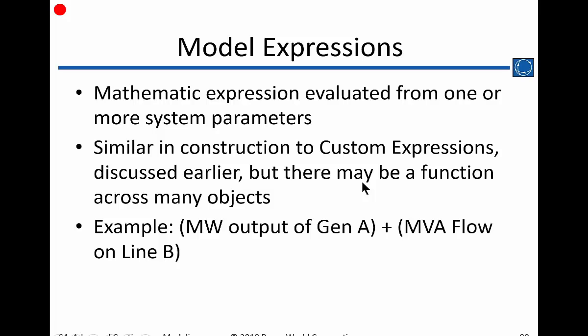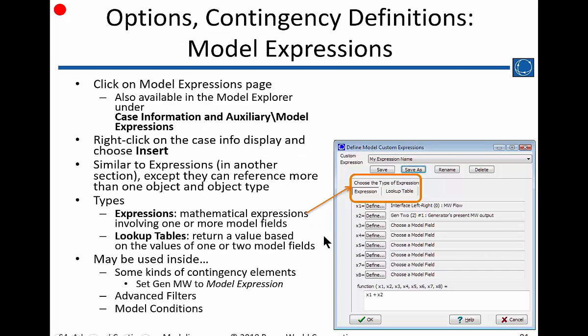Model expressions, I mentioned these a little bit earlier. We don't have an example that uses them, but if instead of evaluating on a specific line flow or an interface flow or a bus voltage, you want to evaluate on a sum or a product or some other mathematical expression of multiple quantities, then you could build a model expression to calculate that quantity, and then you could use that inside filters.